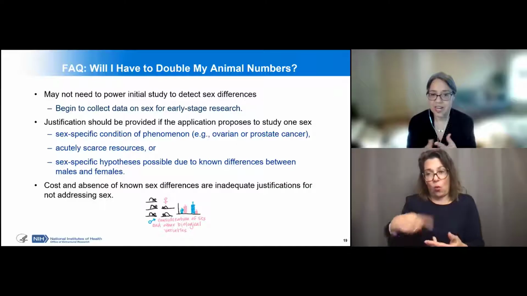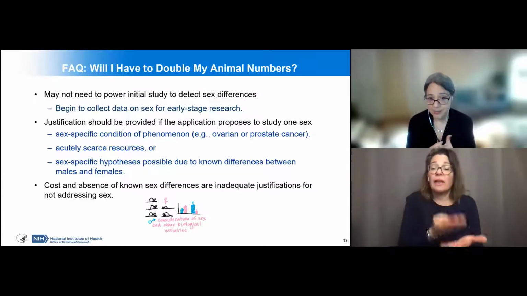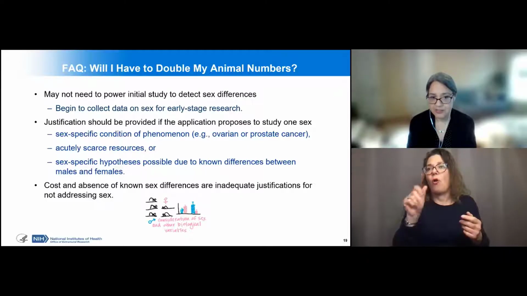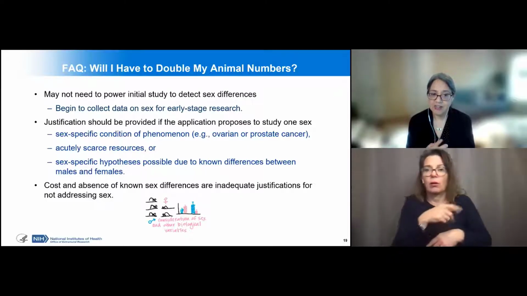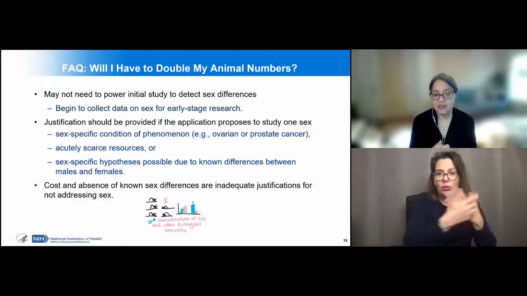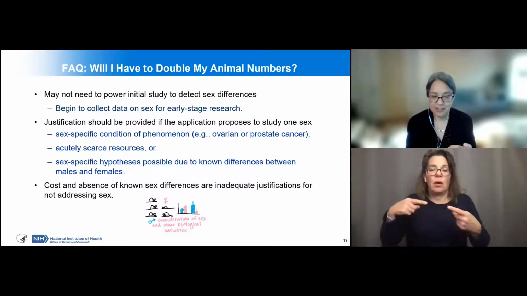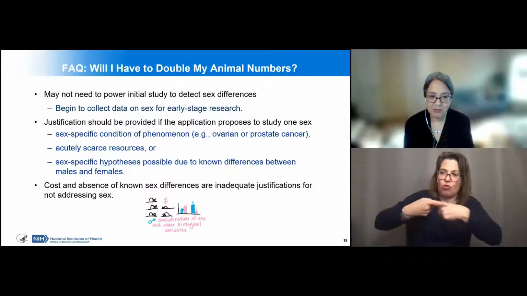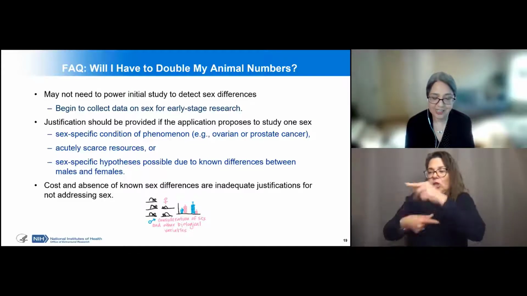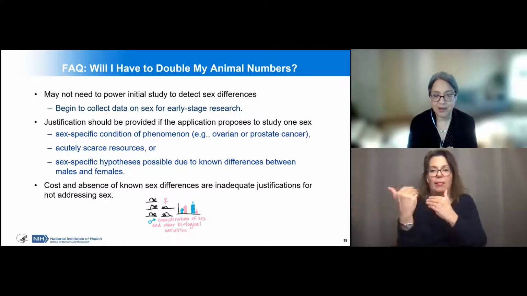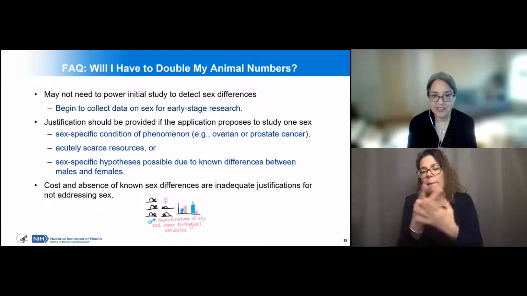Some of these justifications could be if you're studying a sex-specific condition or phenomenon, for instance, ovarian or prostate cancer. If you're using an acutely scarce resource, for instance, if you have a complicated genetic cross to get these mice, and maybe the genotype of the mice is very rare, that could limit you as far as using both males and females in equal numbers.